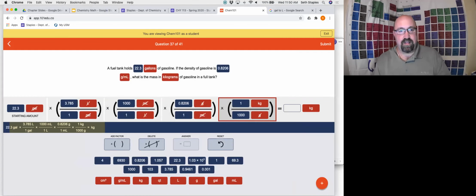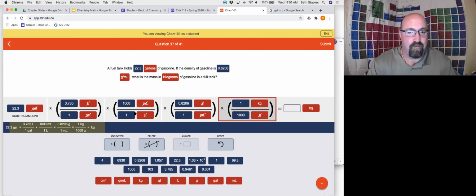And so let's see what our calculator gives us when we actually put this in. We're going to get 22.3 times 3.785 times 1,000 times 0.8206, all divided by 1,000, gives us, rounding for significant figures, our lowest number of significant figures is 3 from our measurement here.